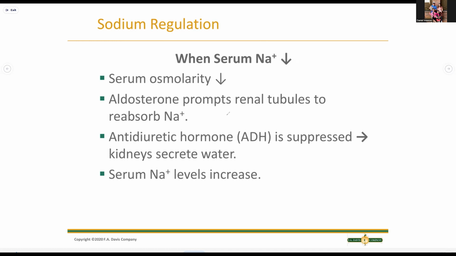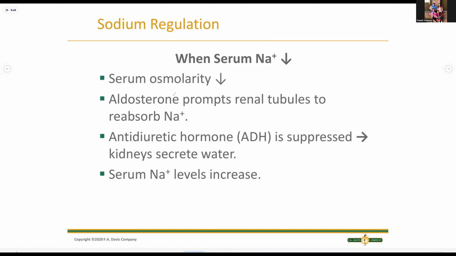But it's there. Basically what it's saying is that serum osmolality is low, which, if you remember, means it's more watery in the bloodstream, and what it's trying to do is raise the sodium levels back up.